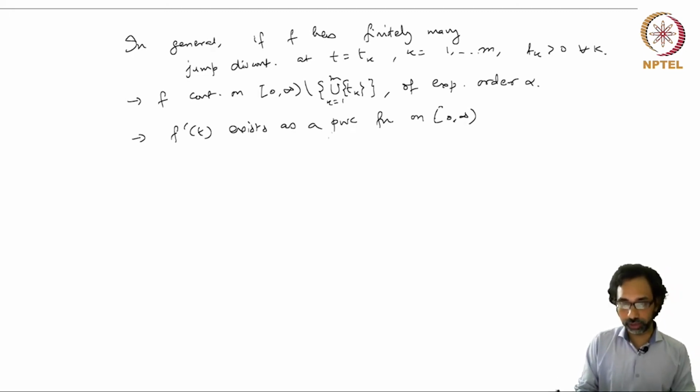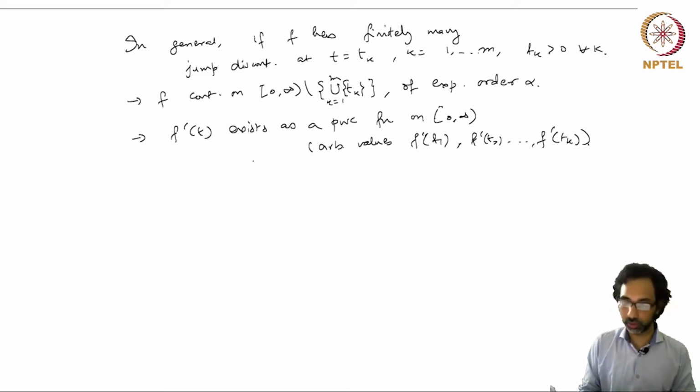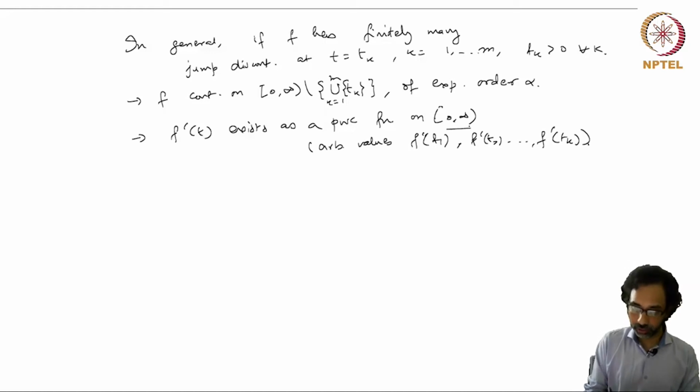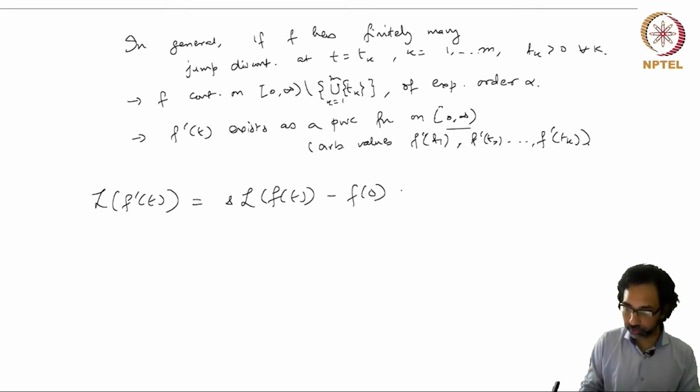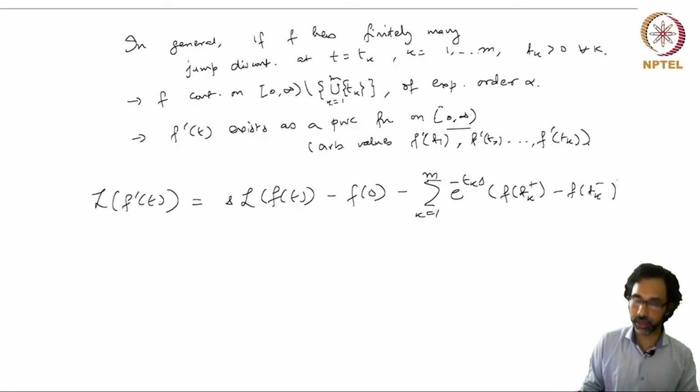Again, we have to give arbitrary finite values of f prime of t1, f prime of t2, etc., up to f prime of tk to make it a piecewise continuous function on the whole interval. So in this case, the Laplace transform of f'(t) is given by s times the Laplace transform of f(t) minus f(0) minus the sum from k equal to 1 to m of e to the minus tk s times [f(tk plus) minus f(tk minus)].